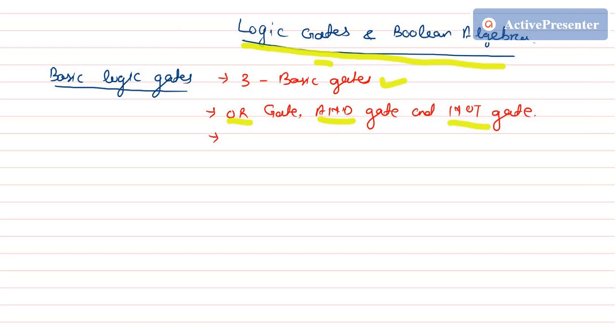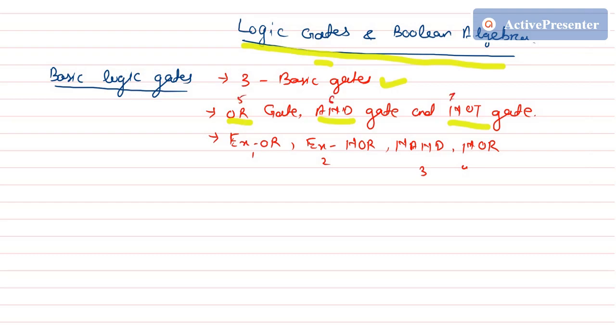Now apart from these, we also have some other gates: the XOR gate, the XNOR gate, the NAND gate, and the NOR gate. So basically these are 7 gates: 1, 2, 3, 4, 5, 6 and 7.